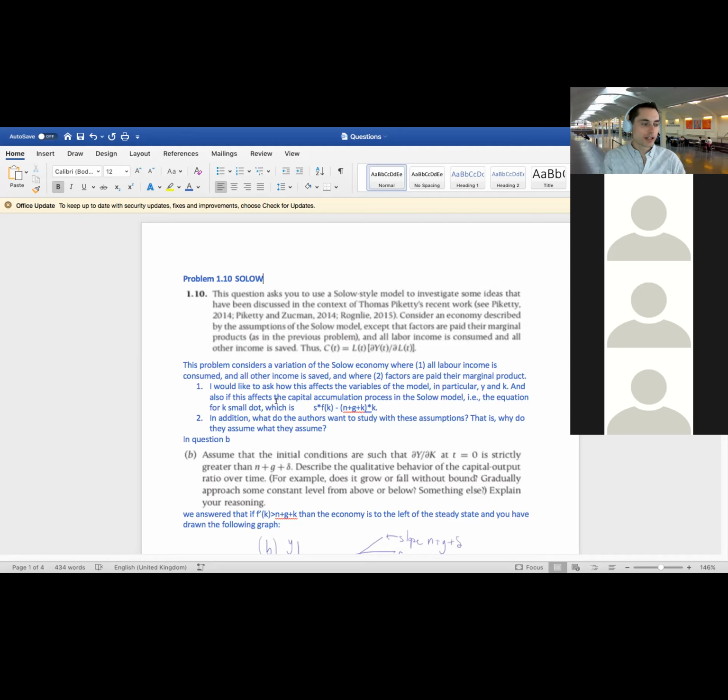Like in the simple version that we looked at in class, the savings rate was fixed. Here it's going to depend because, if there's more capital, that's going to decrease the rate of return on capital, all else equal. So that's going to cause the savings rate to go down, right? So it's allowing there to be a variable savings rate as the economy grows.